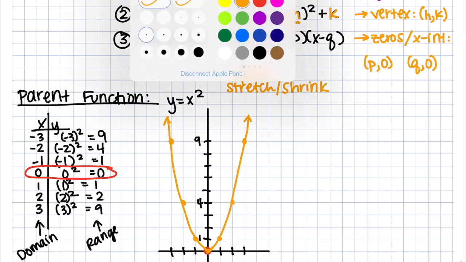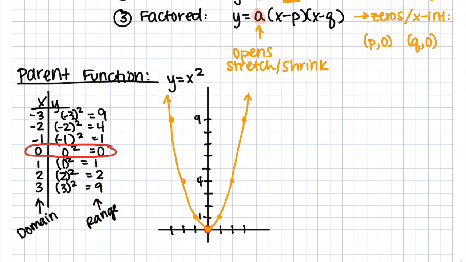Now we're going to identify 10 characteristics of this graph. We have the vertex, the maximum or the minimum. You can only have one of those, and we'll encounter those later. When is it increasing versus when is it decreasing?